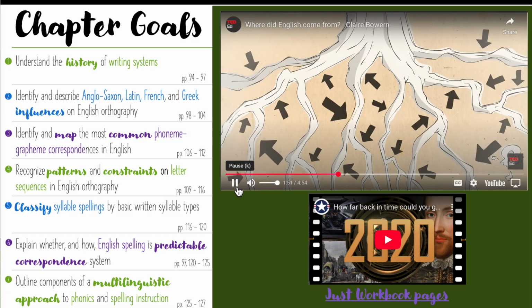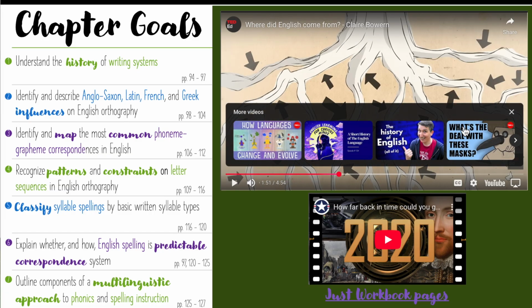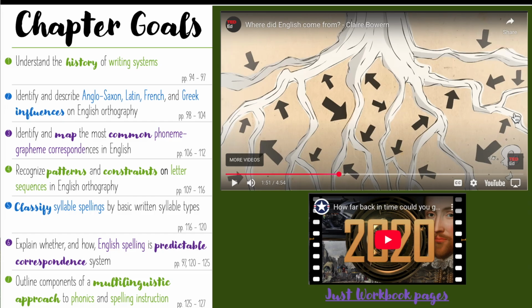So right off the bat, what we realize is that England, where English originated from, was a melting pot from the very get-go. So if we look at who was living on those islands before even that Germanic influence came in, you've got your Celtic dialects, you've got your Old English, so your Celtic and your Gaelic, which were established there first.